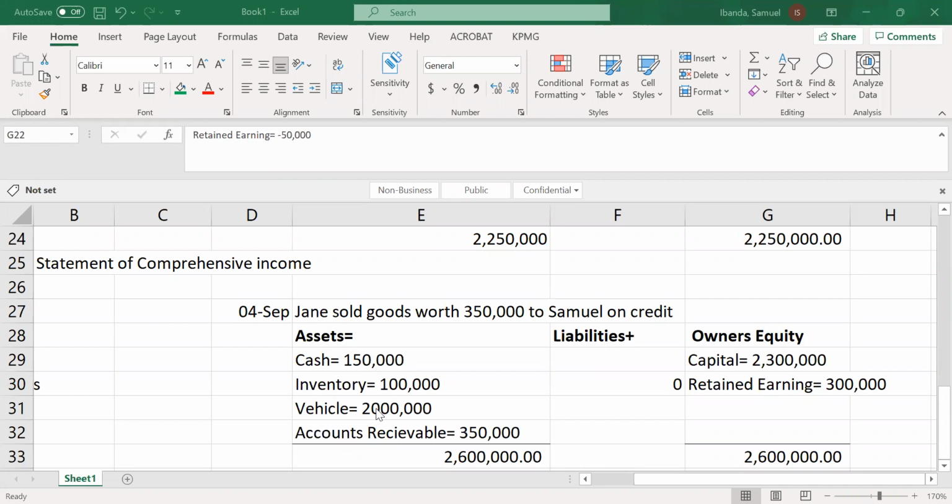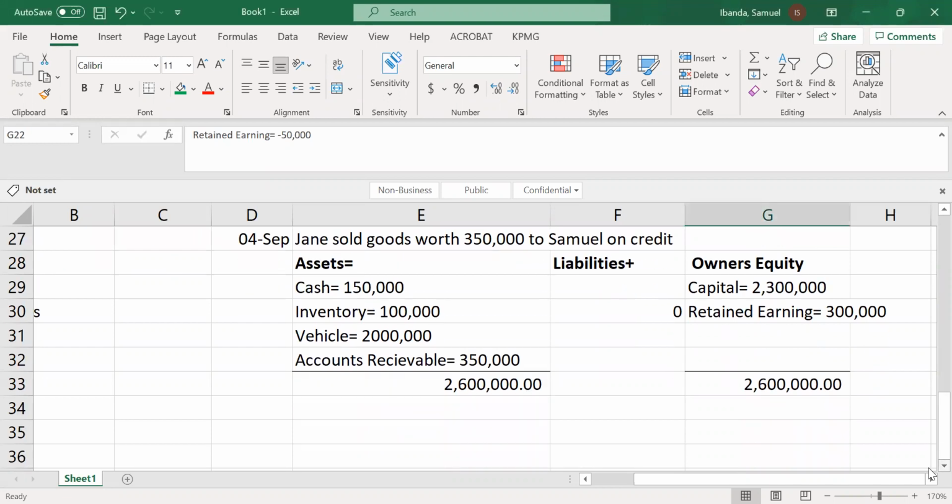Before I proceed, let me just conclude something small. One thing that you need to understand is that from the accounting equation, we can best draw up our statement of financial position, which is also called our balance sheet.